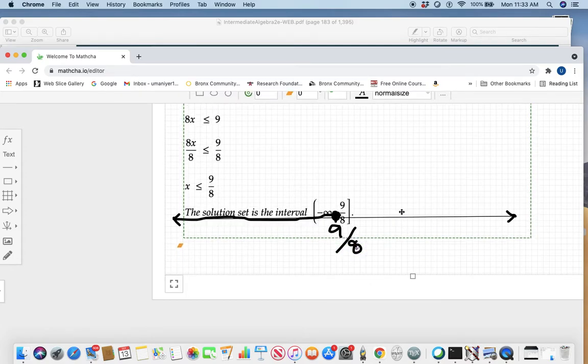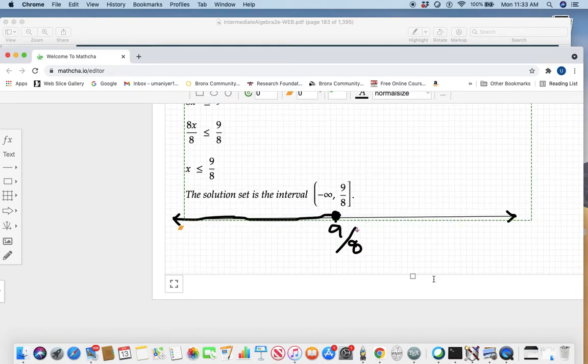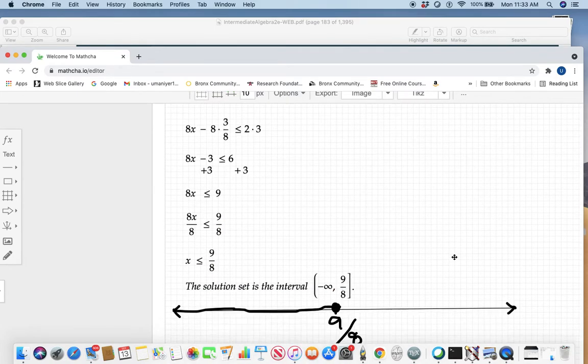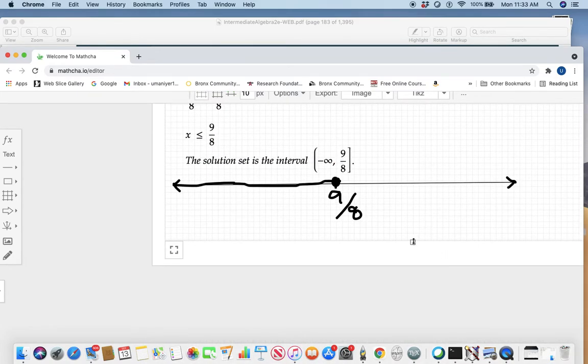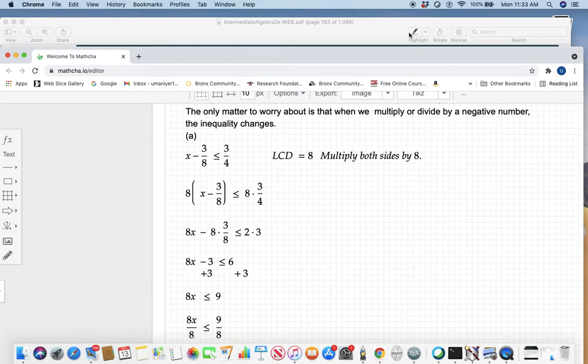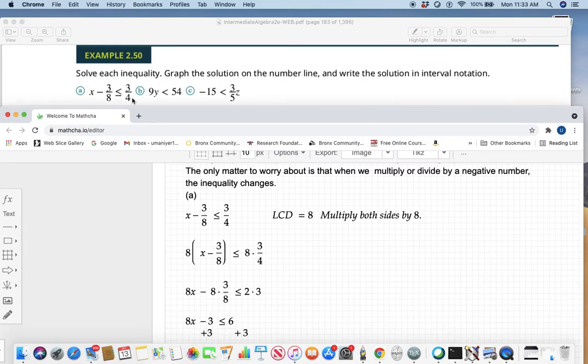Okay, let's try one more example. 9y is less than 54.